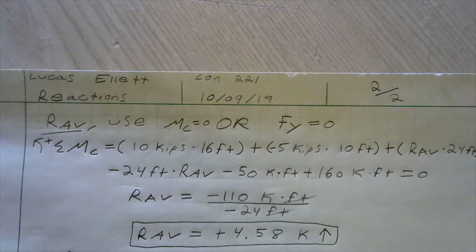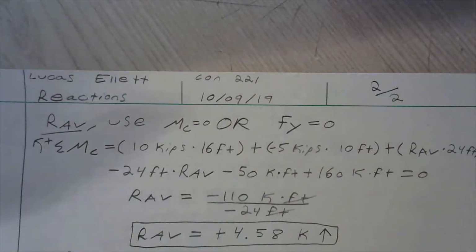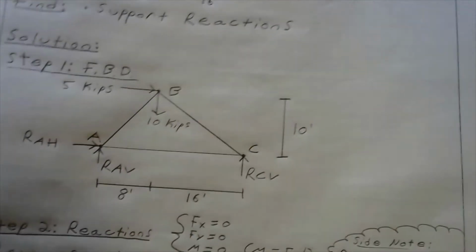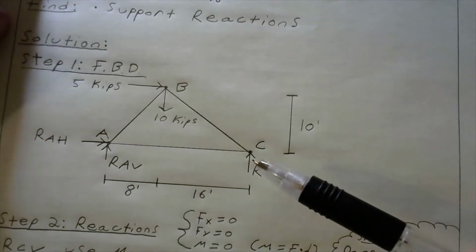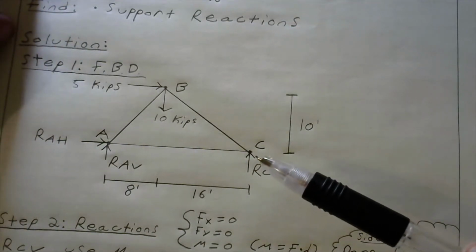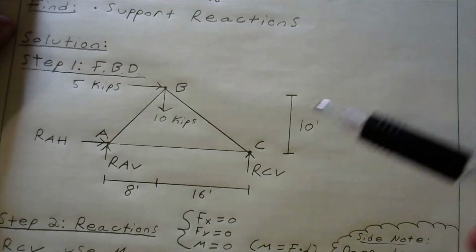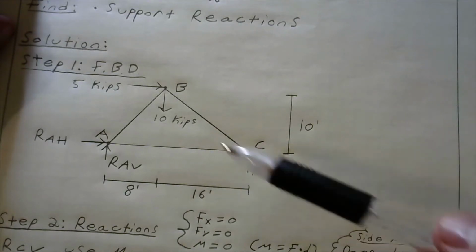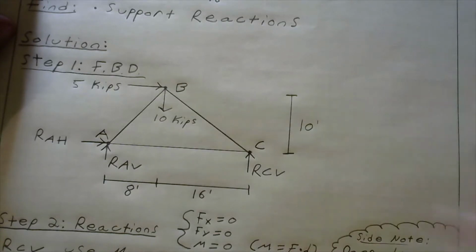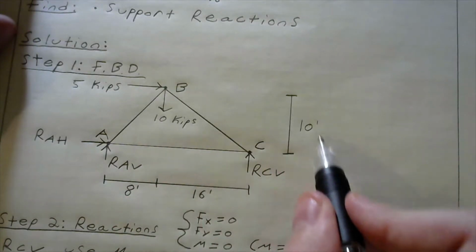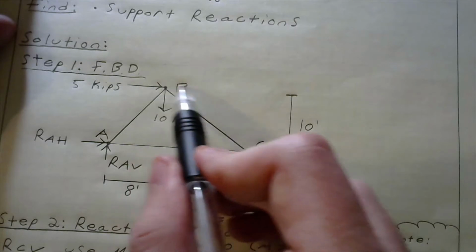So you've got your 10 kips times 16 feet. And this 10 kips, from the perspective of the moment about C, rotates positively, rotates this way, times that 16 feet. You're going to have a 5 kips that rotates this way, and it's negative again.